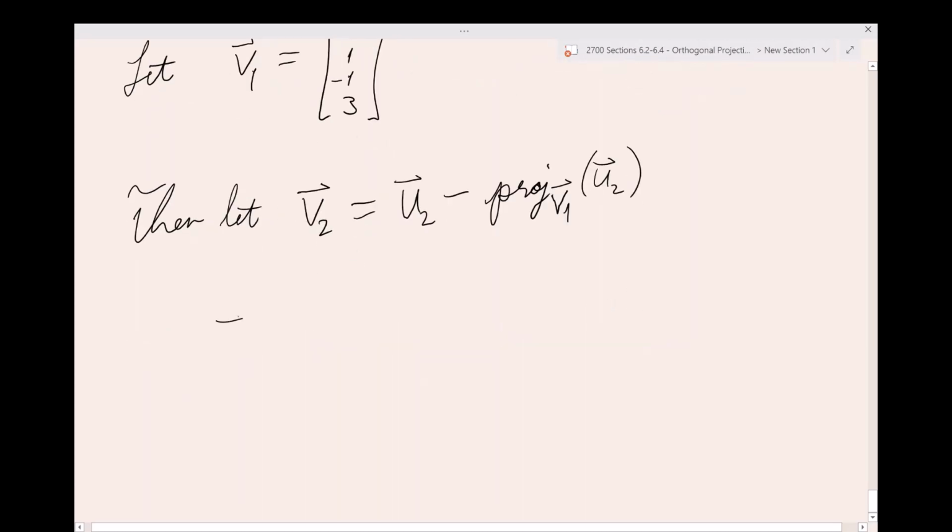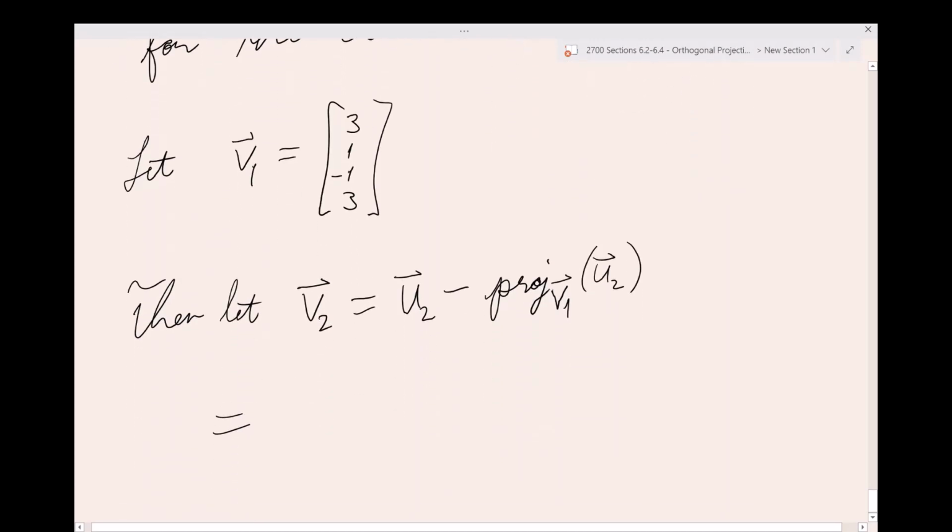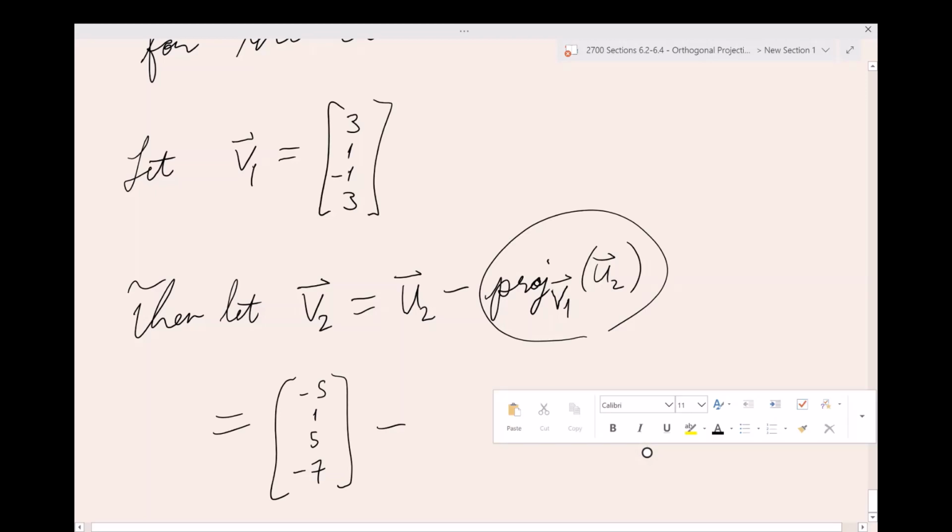I take my u2, which is negative 5, 1, 5, negative 7, minus, now I want to do this projection here.